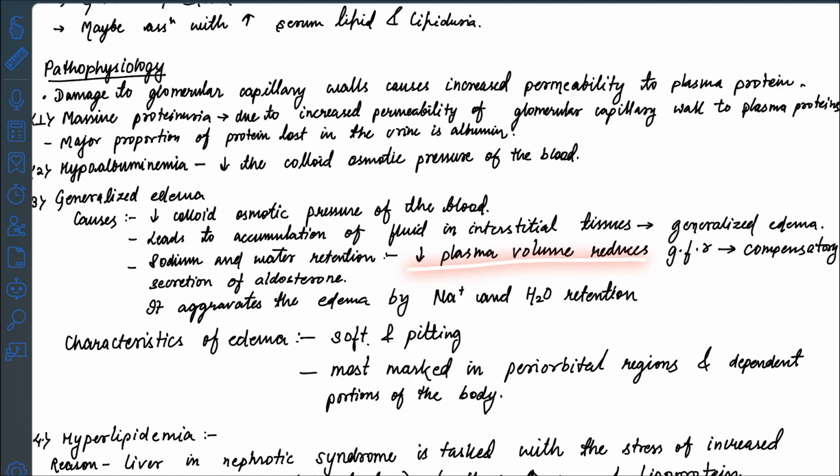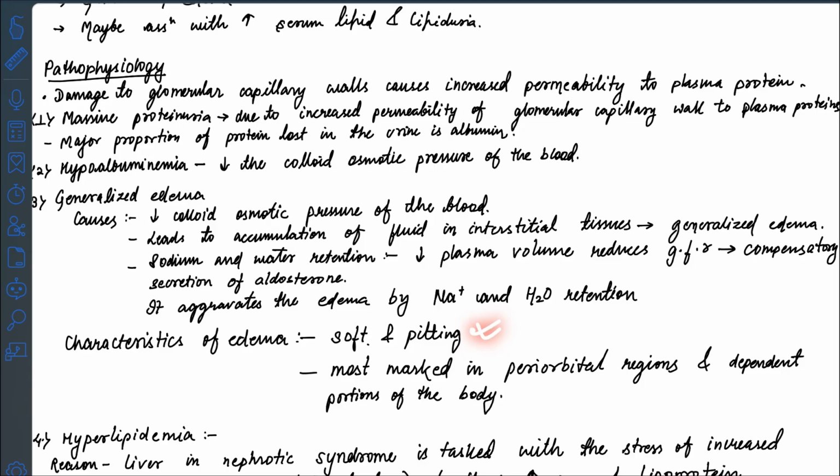There can be sodium and water retention, जिसके कारण प्लाज्मा वॉल्यूम कम हो जाता है, GFR कम हो जाता है, and the compensatory mechanism, that is aldosterone secretion, increase हो जाता है. And you know very well aldosterone is responsible for sodium and water retention. Further, it will enhance the generalized edema, right?